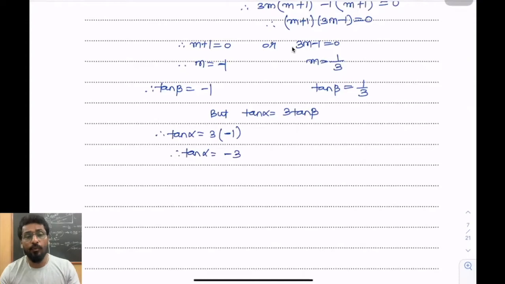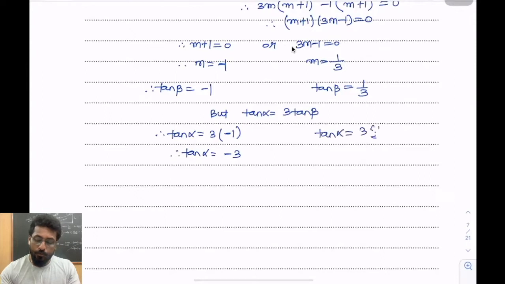Similarly, when tan beta is 1 upon 3, I get tan alpha as 3 times of 1 upon 3. So I get tan alpha as 1.